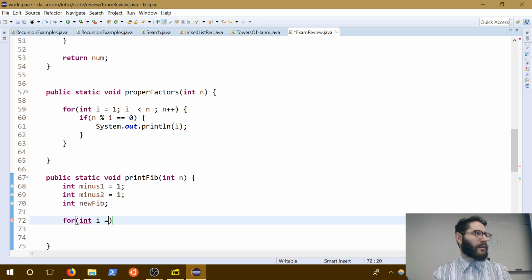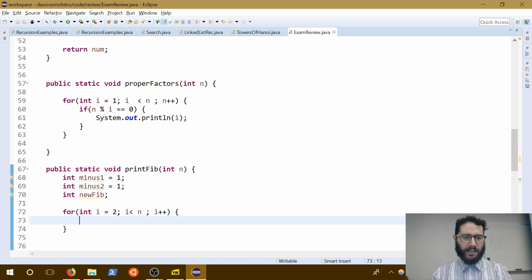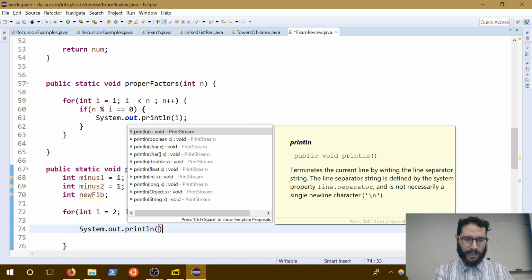So let's go ahead and start at i is equal to 2 up to, but not including n, i plus plus. And then we just do System.out.println.